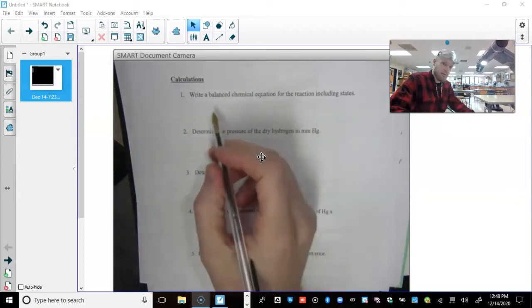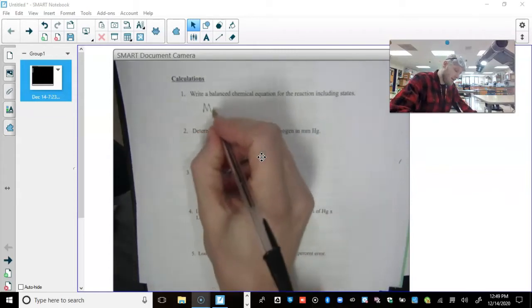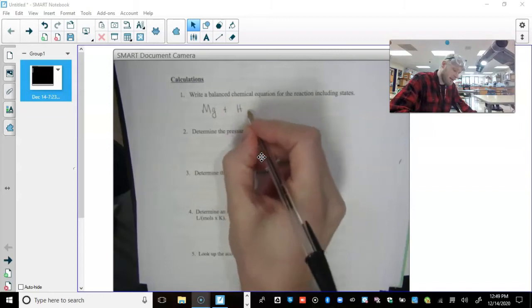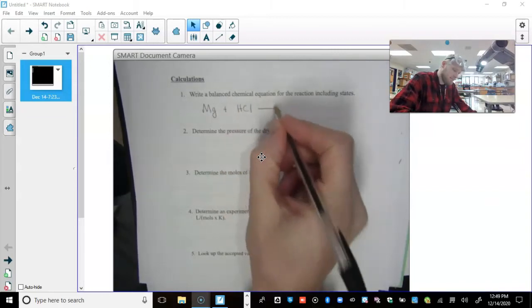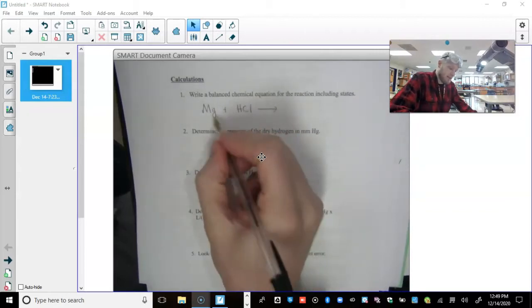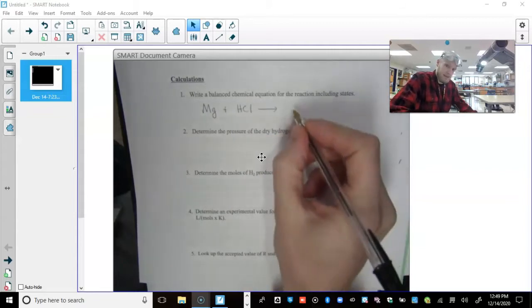answering these questions. So the first one is write a balanced chemical equation for the reaction including states. So we know that we're taking magnesium and reacting it with hydrochloric acid. It's going to be a single replacement reaction. The two positive entities, magnesium and hydrogen, are going to switch spots.